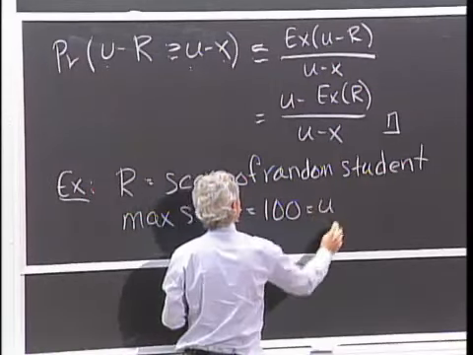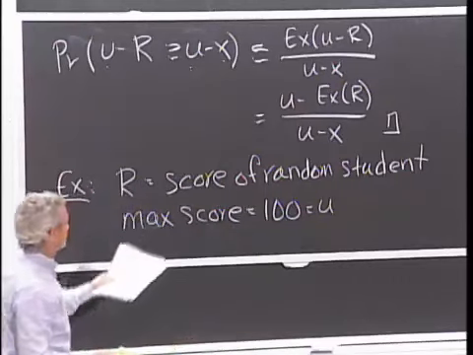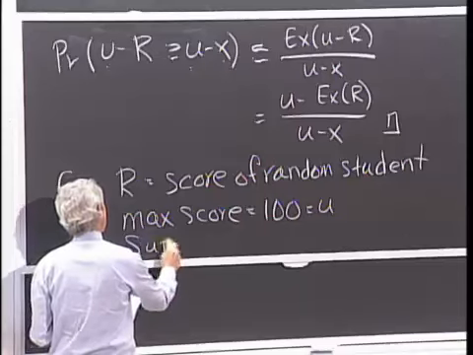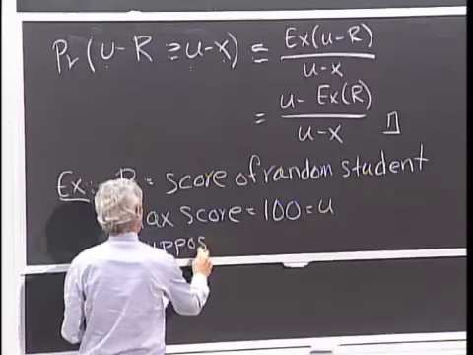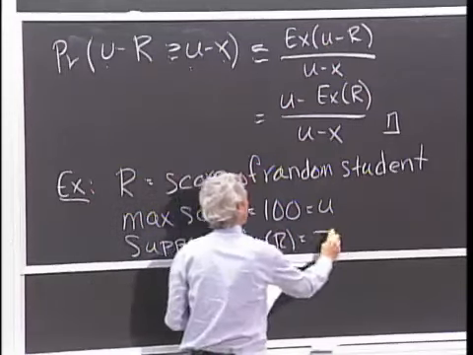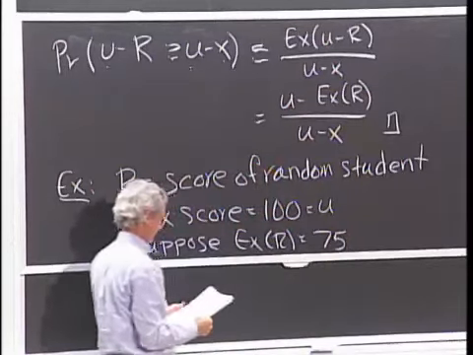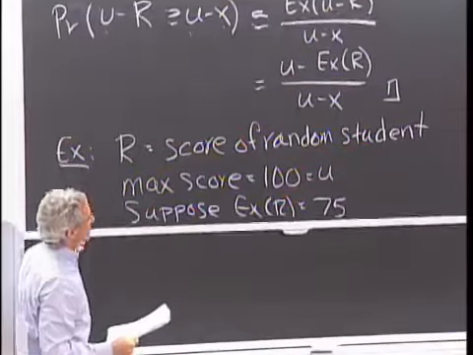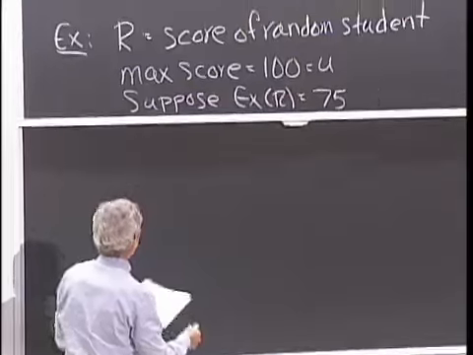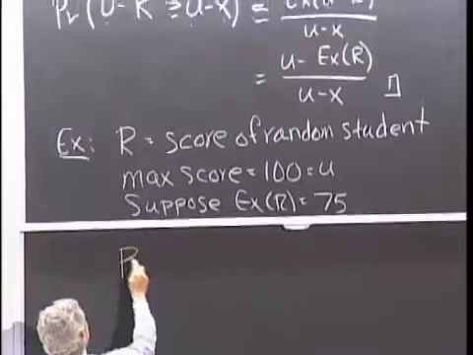So that's U. All scores are at most 100. And say that I tell you the class average, or the expected value of R, is 75. And now I want to know what's the probability that a random student scores 50 or below.